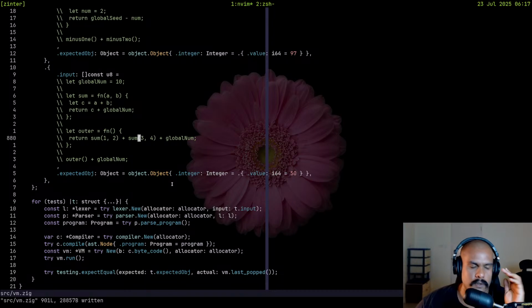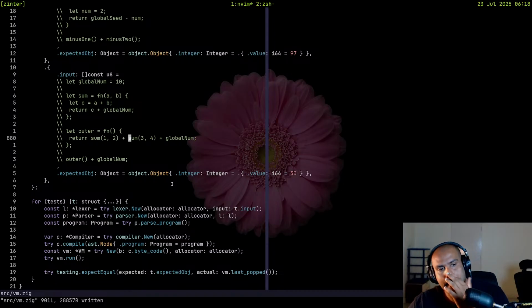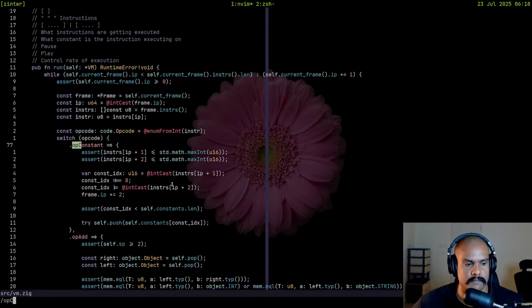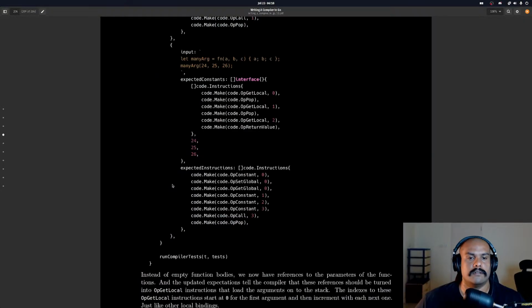Somehow it's using... when I call up get local. Yeah, because it's not using the right binding. Or it's using the latest one. Makes sense. Alright.